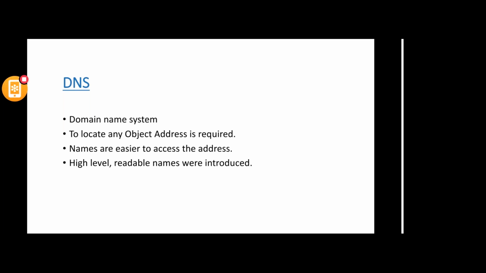Then high level readable names were introduced. This is done in order to decouple machine names from machine addresses. In this way, a company's web server might be known by a particular name, that is www.google.com, regardless of its IP address.